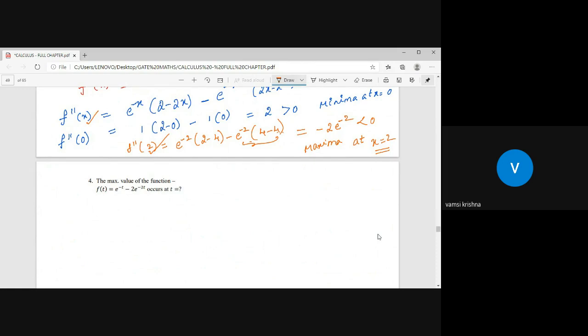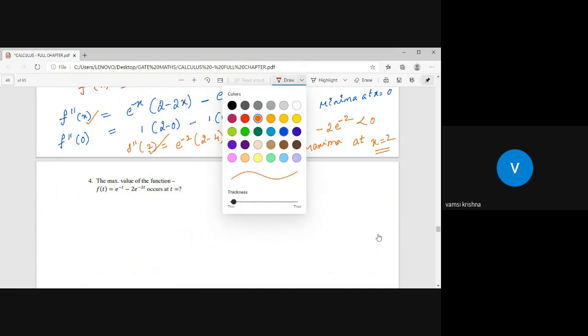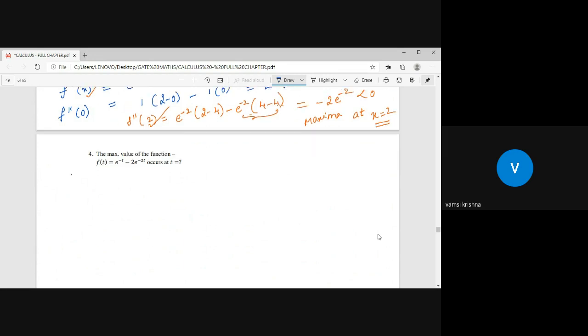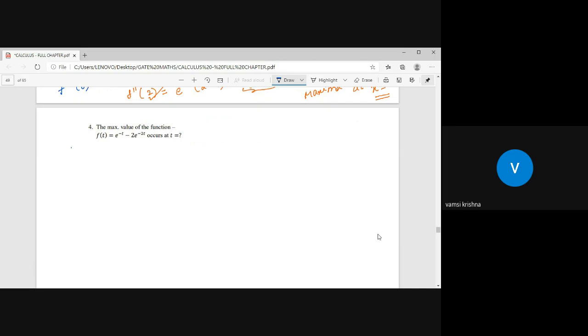Another important question, students. Can you try this? Yes, the given function f of t is equals to e power minus t minus 2 into e power minus 2t.